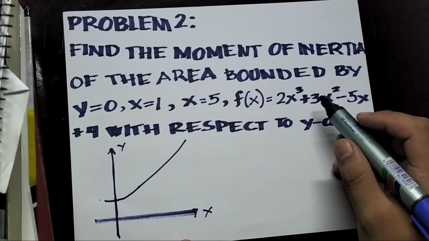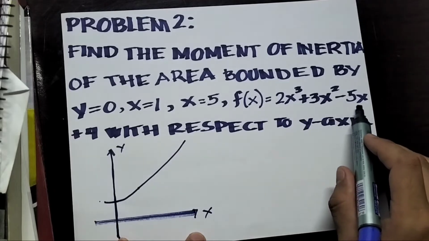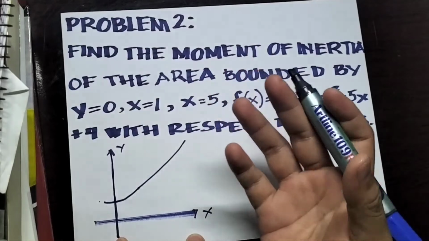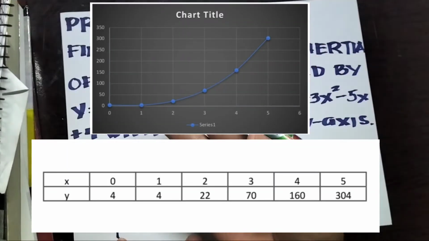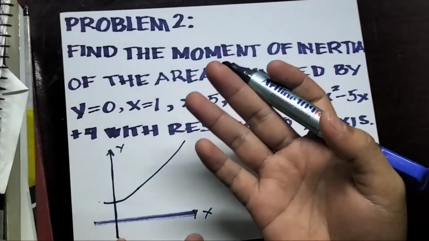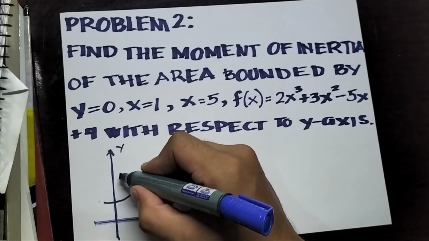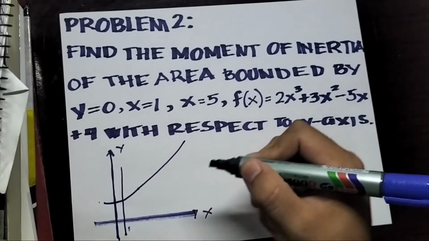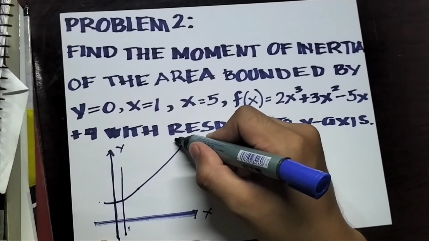So first, we need to graph this function. And here, ipapakita ko sa inyo kung ano nga ba yung itsura ng kanyang graph. Nakikita nyo na, di ba? So next, we need to graph this x equals 1, somewhere here, and x equals 5, here.